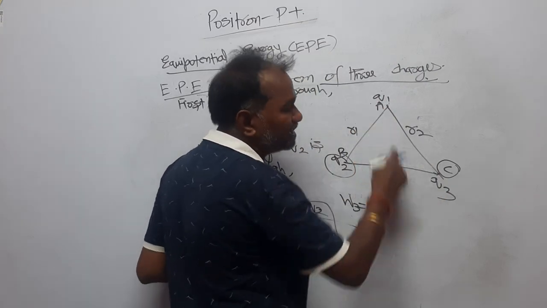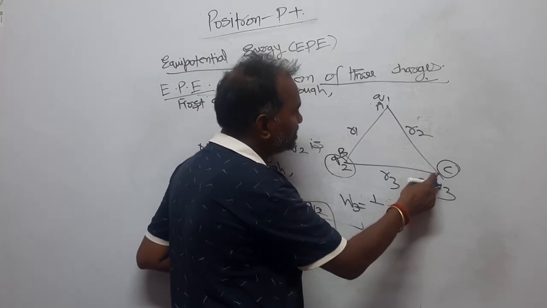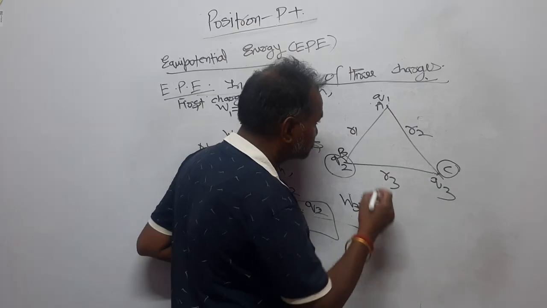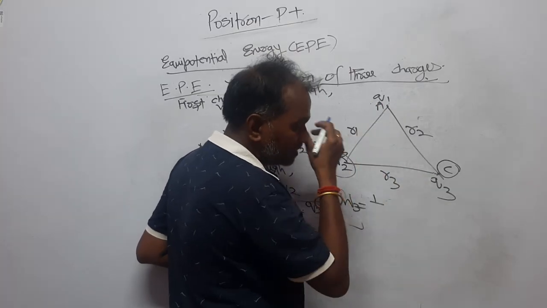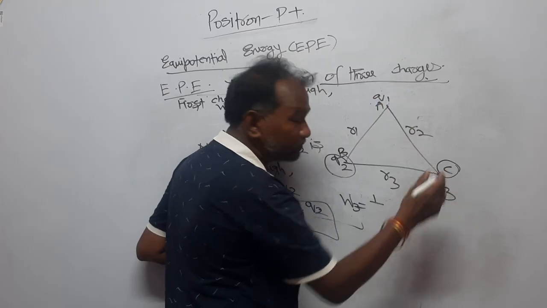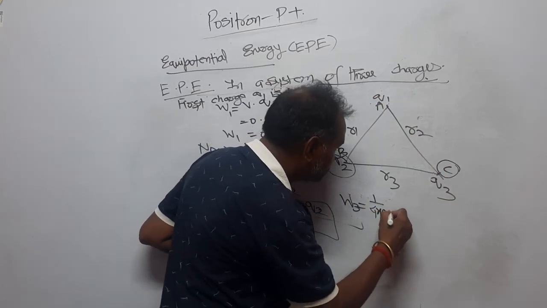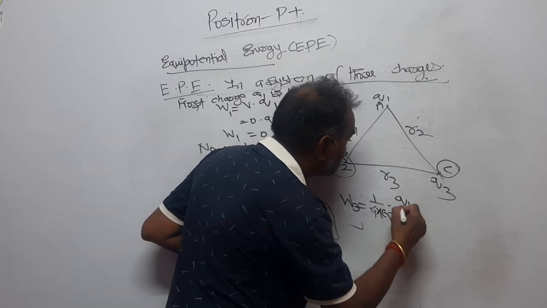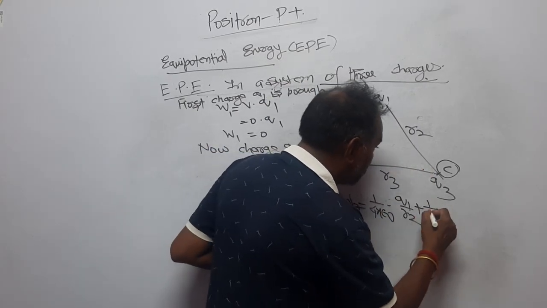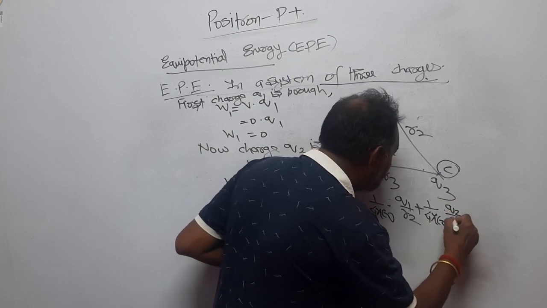If it would have been negative, then the potential would have been minus 1 upon 4 pi epsilon naught Q1 upon R2. But here it is positive. So the potential due to Q1 at point C is 1 upon 4 pi epsilon naught Q1 upon R2, and due to Q2, 1 upon 4 pi epsilon naught Q2 upon R3.